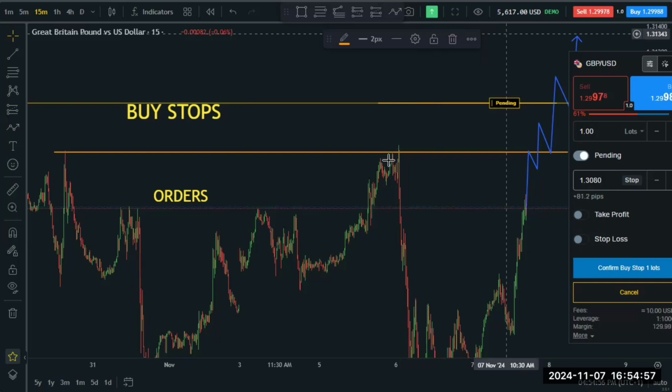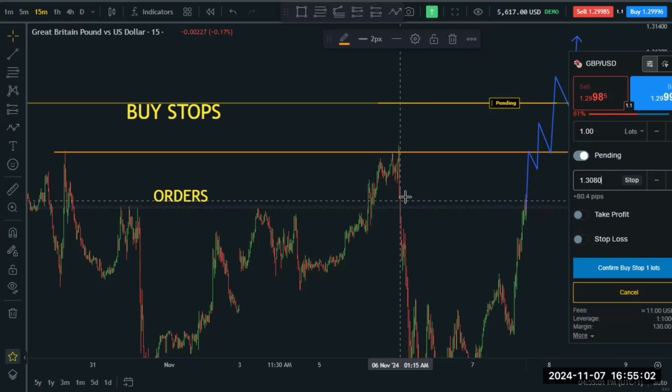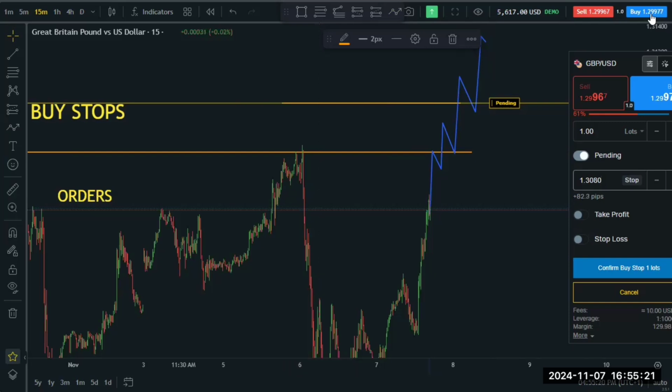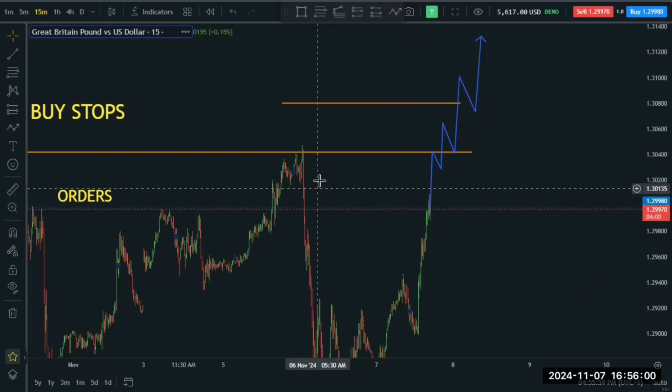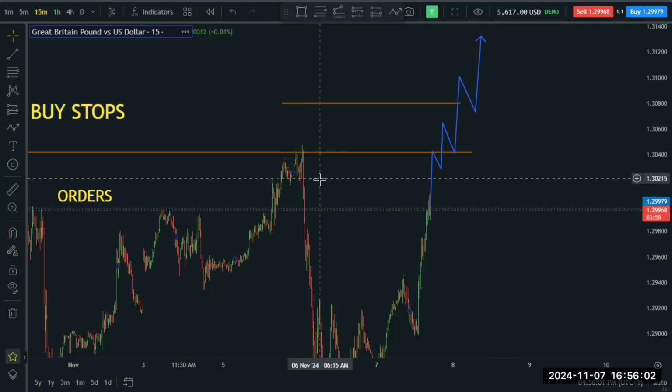So what I will do currently is place my stop loss somewhere below here, because if it comes to retest, it may retest around this region. So my stop loss should be somewhere below here. Let me hide this thing first. Good. So let me use 1.302 as my level of stop loss.